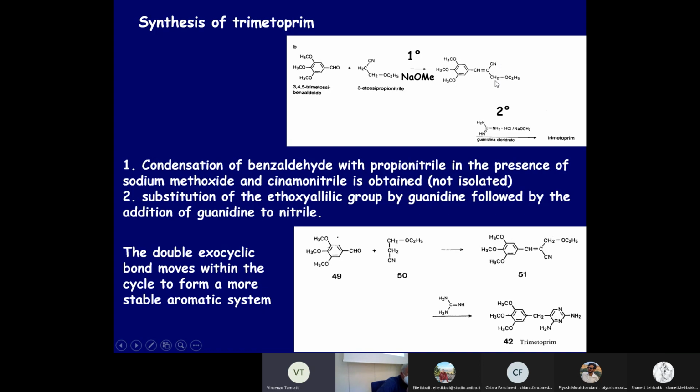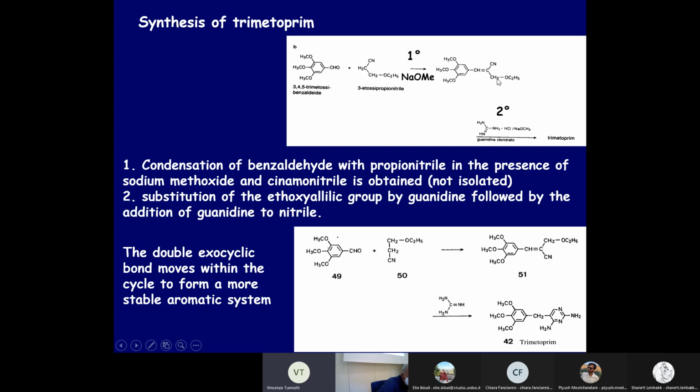In particular, we have two carbon atoms which have a partial positive charge. Why? The carbon in a nitrile group is very close to the nitrogen, which is more electronegative than carbon, so we have a partial positive charge on this carbon.